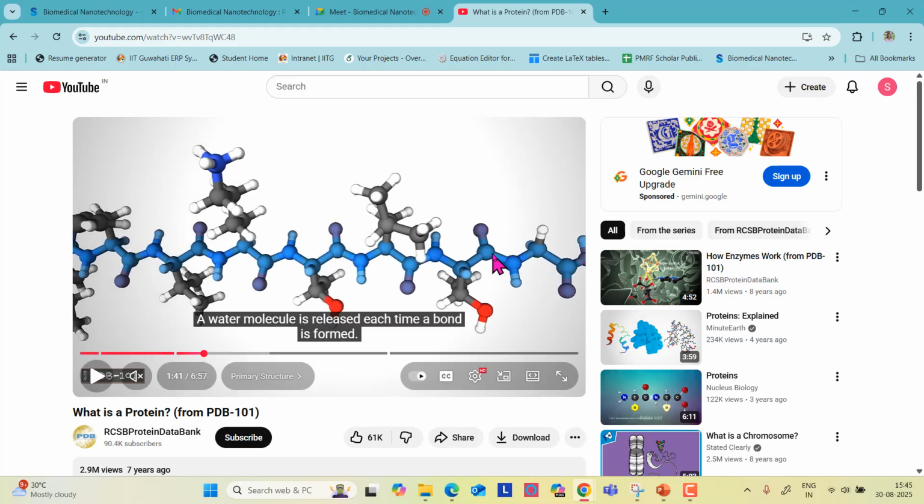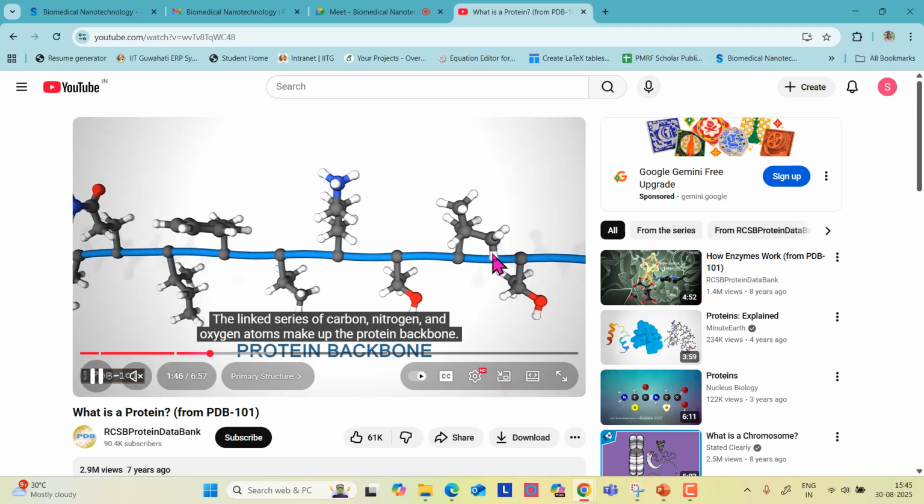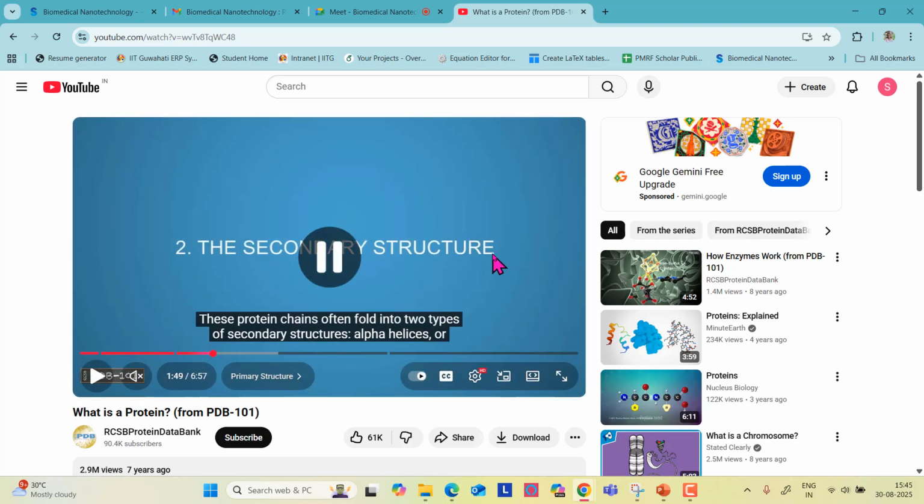So a water molecule is released each time a bond is formed, right? The linked series of carbon, nitrogen and oxygen atoms make up the protein backbone. So you know that already. Basically, primary structure of protein means this is the linear chain.